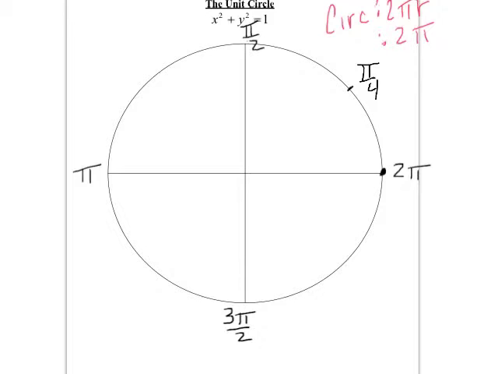Okay, another one that we want to talk about is one that's right about here. Okay, and that one right there is what we would call, now it's kind of hard to tell just by looking at my circle here, but this is pi over 6. And another one that we want to look at is one that's right about over here, and this one is pi over 3.